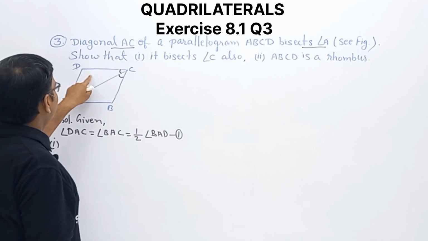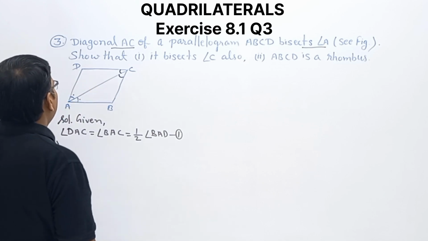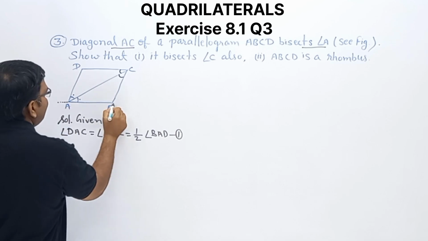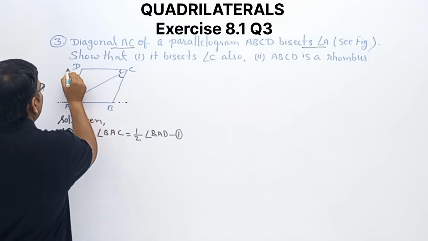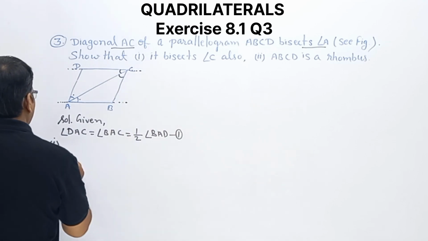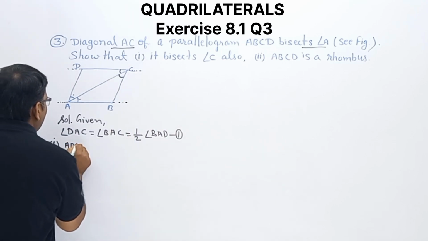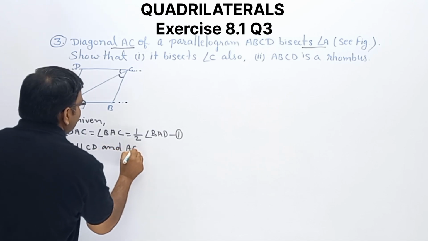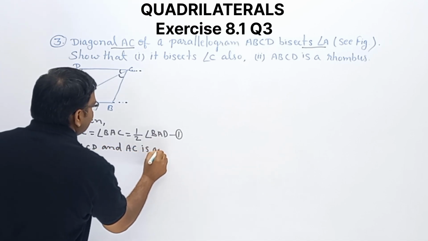Once we observe this parallelogram, we get AB parallel to CD, and AC is a transversal.